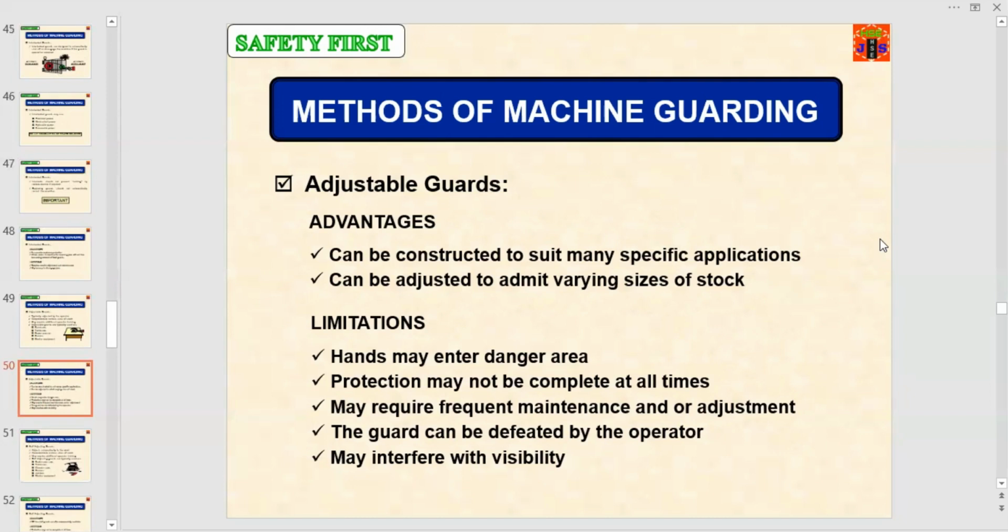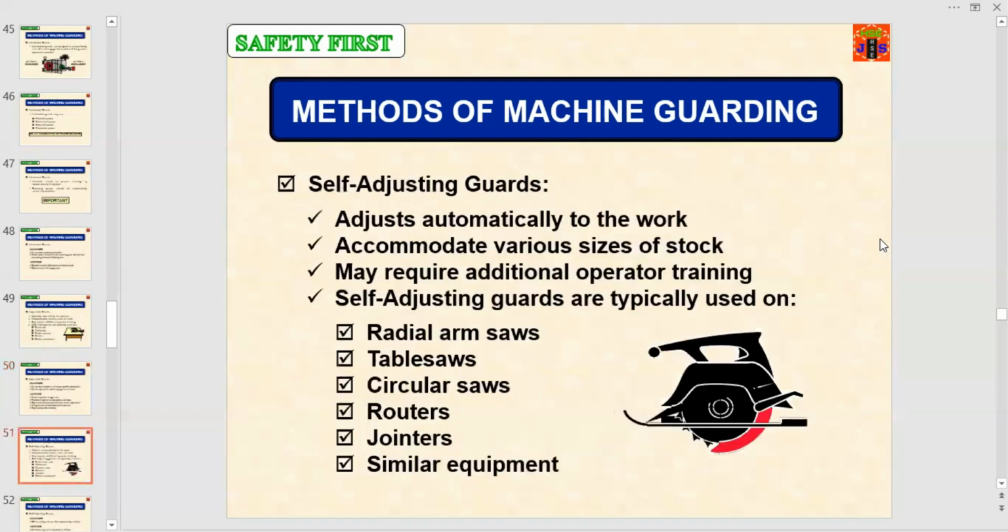The disadvantages of adjustable guards are that hands may enter the danger area, protection may not be complete at all times, they may require frequent maintenance and or adjustment, the guards can be defeated by the operator, and they may interfere with visibility. These are the limitations or disadvantages of adjustable guards.